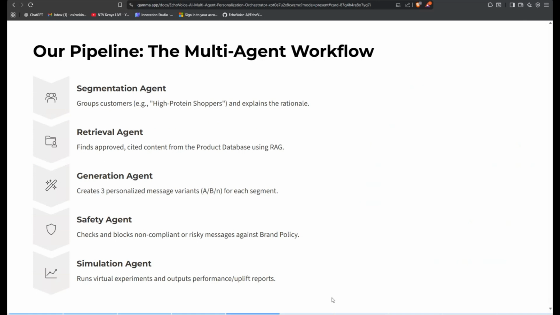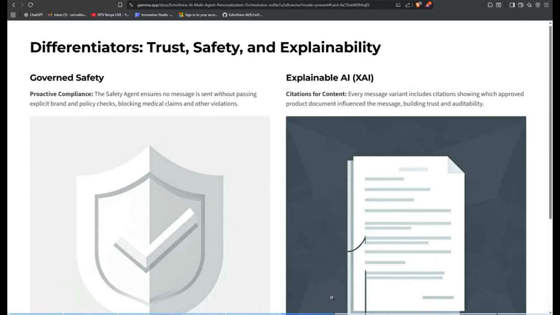The fifth is the simulation agent, which runs a virtual experiment and outputs performance and uplift reports. So this is the whole workflow that we're going to work on, from the setup, design, and all through the code.